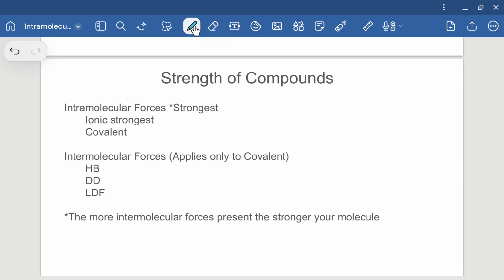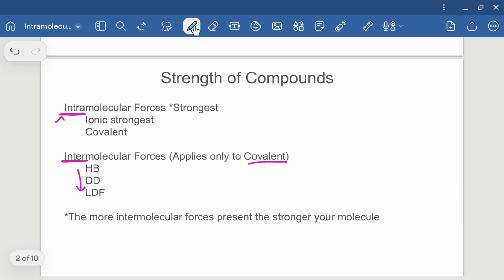So I just started here making a flow chart. So your intramolecular forces are the strongest. So between ionic and covalent, ionic is stronger than covalent. And then you have your intermolecular forces that only apply to covalent bonds. And as you move down this list, they get weaker.